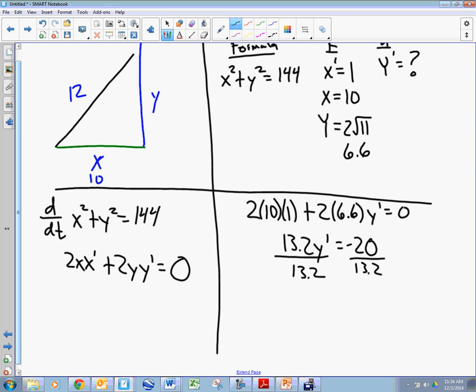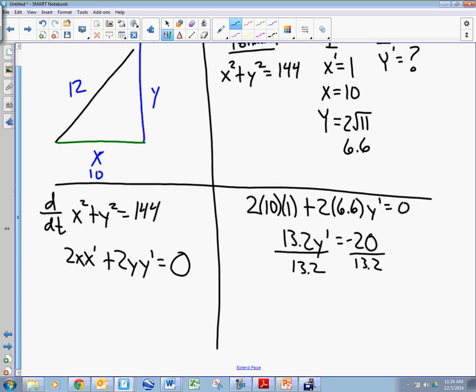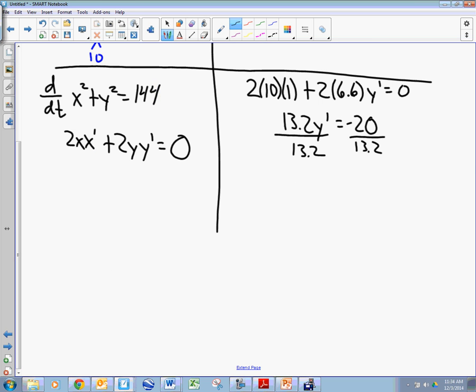What is negative 20 divided by 13.2? Negative 1.52. What is my label? Feet per second. Why is it negative? Because it's falling down. Not too bad of a problem, huh? So that's like number 18 in your assignment. You're going to want to try that. Go fill your bellies with food, and we'll see in a little bit.